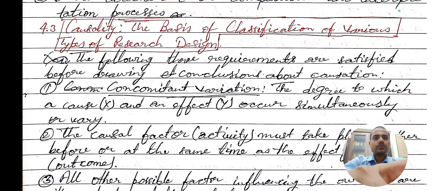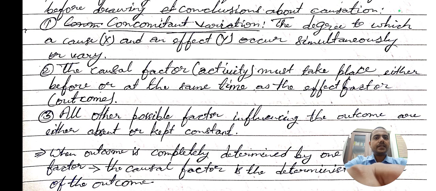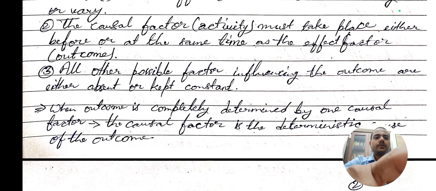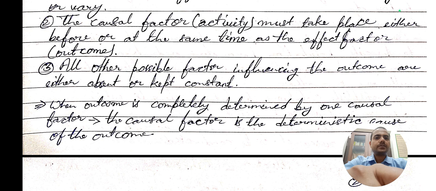First, concomitant variation: the degree to which a cause X and an effect Y occur simultaneously or vary together. Second, the causal factor must take place either before or at the same time as the effect factor. Third, all other possible factors influencing the outcome are either absent or kept constant. When the outcome is completely determined by one causal factor, that causal factor is the deterministic cause of the outcome.